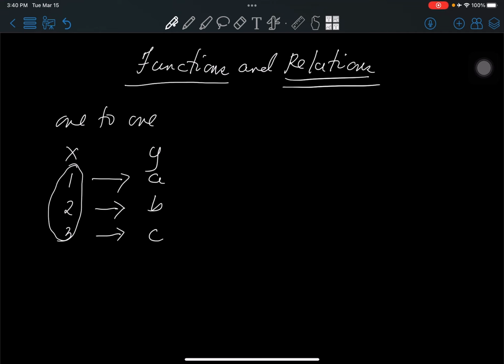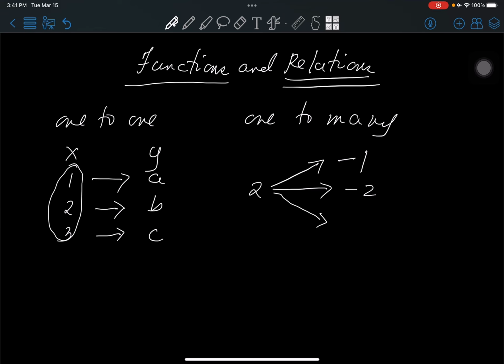Next, we also have one-to-many correspondence or one-to-many relation. For example, let's say we have 2, then 2 will be paired to, let's say, negative 1. It will also be paired to negative 2, and it will also be paired to, let's say, negative 3.